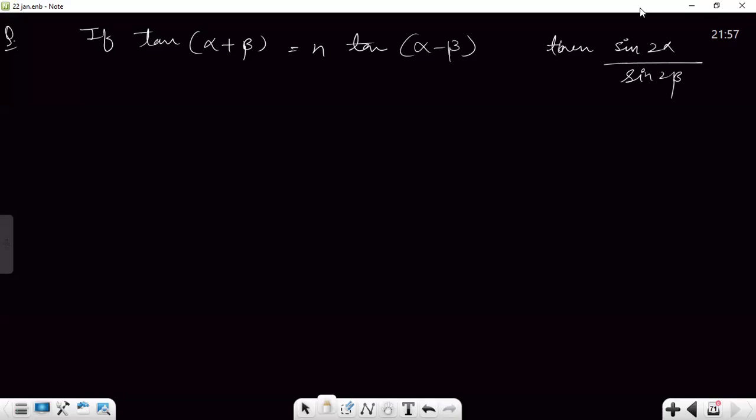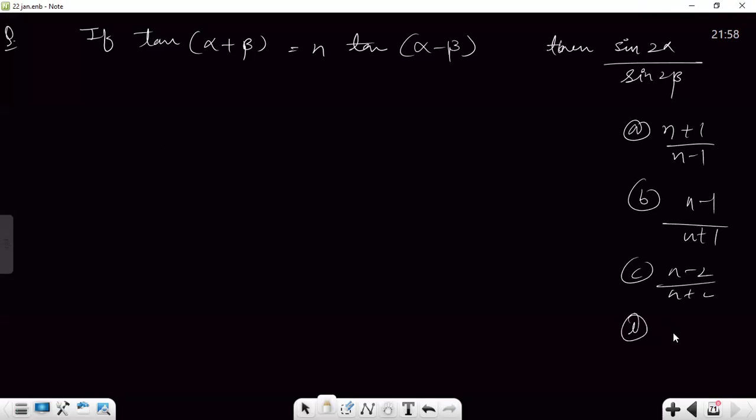The options are: A, n plus 1 upon n minus 1; B, n minus 1 upon n plus 1; C, n minus 2 upon n plus 2; and D is just the inverse of C.